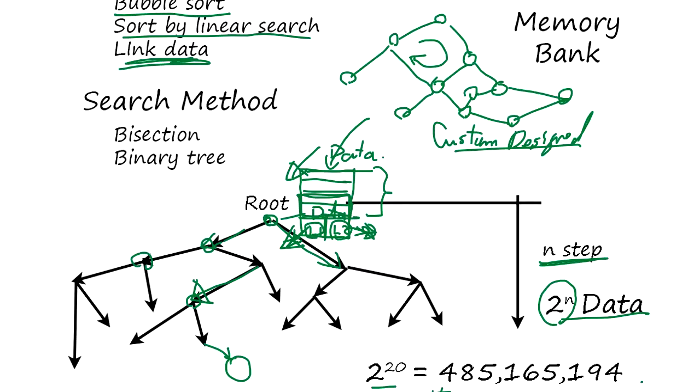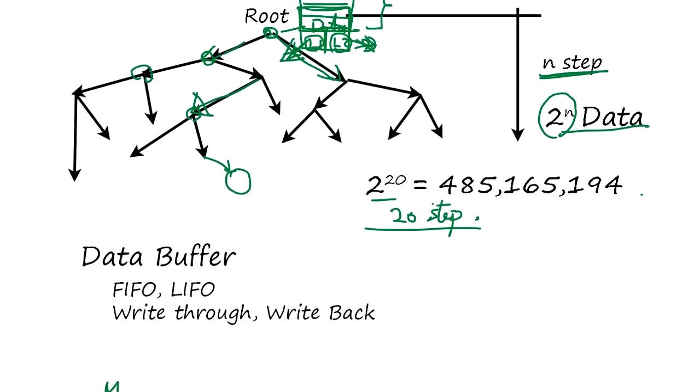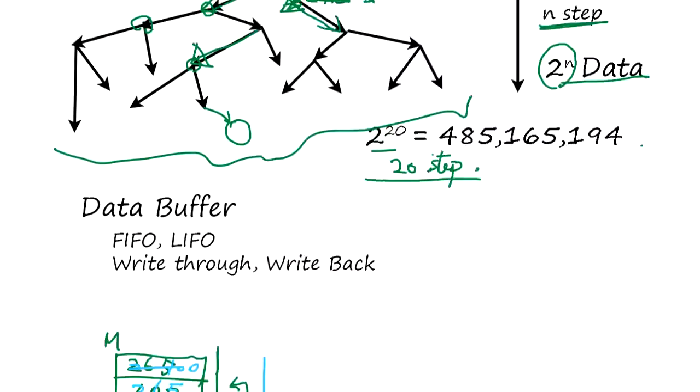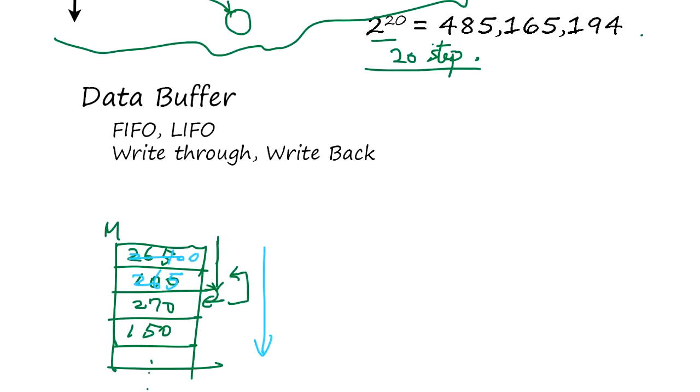But if binary, or linear linked data, you can use bisection. But binary trees already have a built-in mechanism for sorting and searching. So this is a pretty much accepted technique for database management.